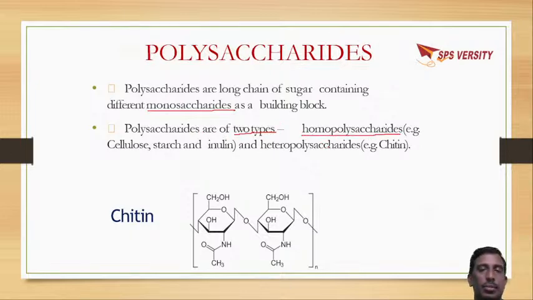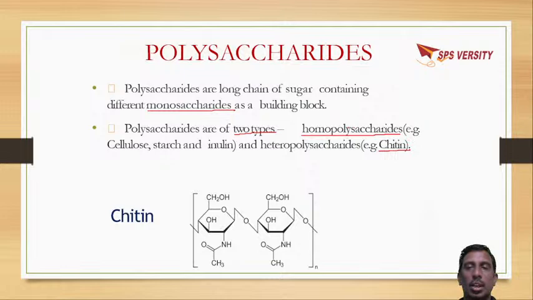Homopolysaccharides, that is cellulose, starch and inulin. Heteropolysaccharides are made of different monosaccharides, that is chitin.